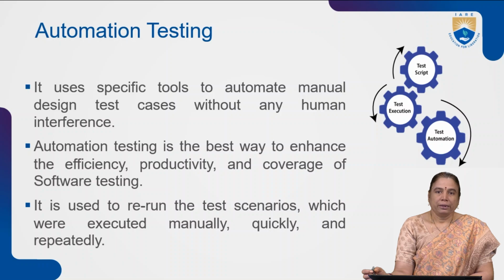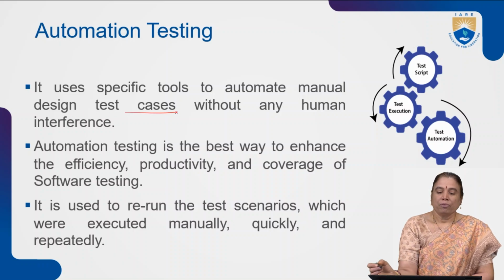Apart from manual testing, another variant of software testing is automation testing. Automation testing uses specific tools to automate manually designed test cases without any human intervention. Automation testing is the best way to enhance the efficiency, productivity, and coverage of software testing.